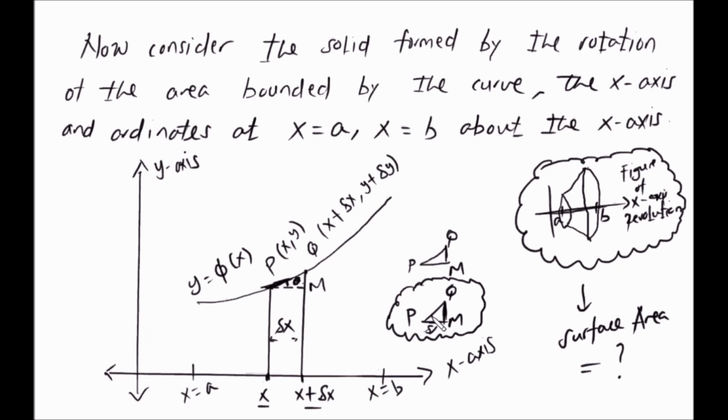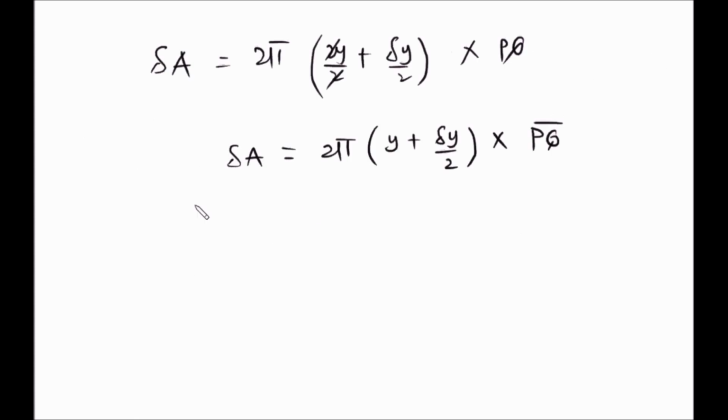Kwa hiyo hii triangle yetu ambayo urefu wake hapa PM ni delta x itakuwa na angle theta. Consider hiyo triangle PQM: hapa tuna theta, hapa ni P, hapa M, urefu hapa chini ni delta x, hapa ni Q.